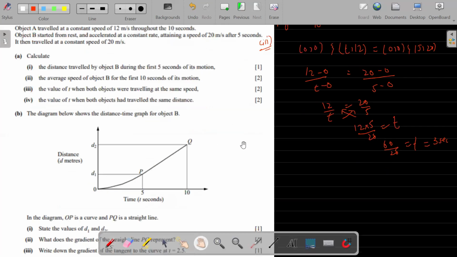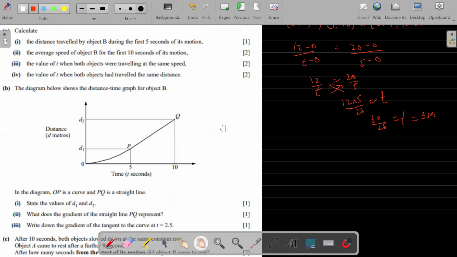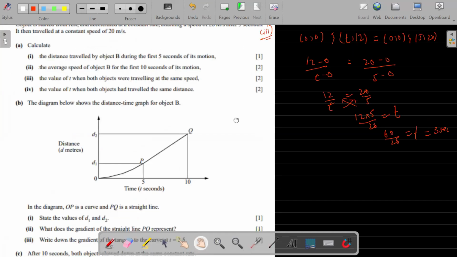Now, the fourth part says the value of t when both objects have traveled the same distance. We are going to calculate the value of t when both objects had traveled the same distance. What are we going to do? Okay, look.